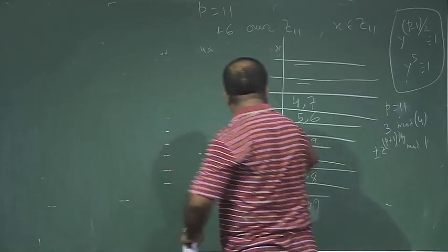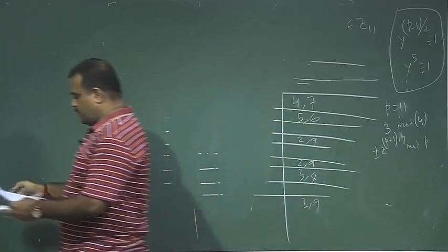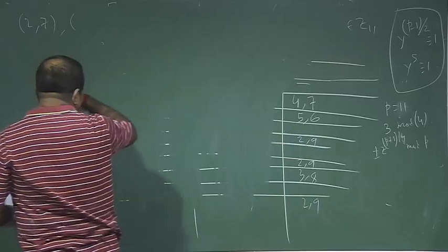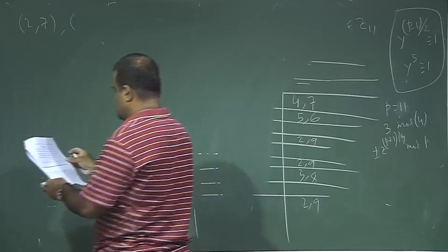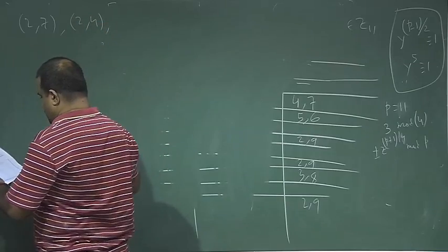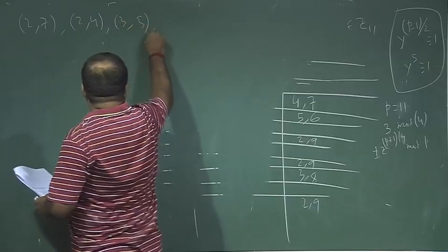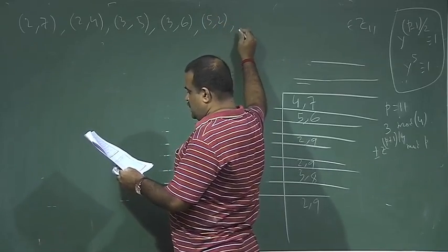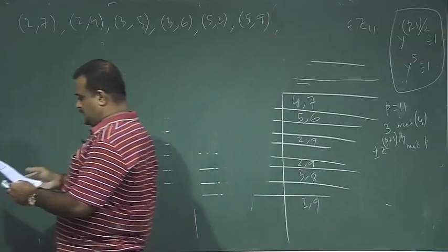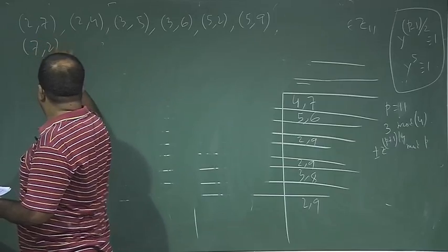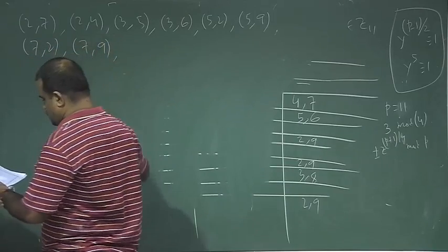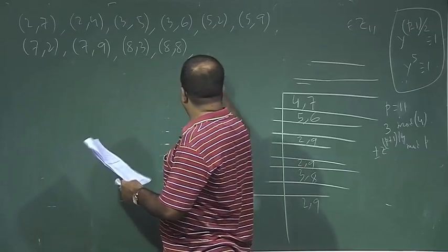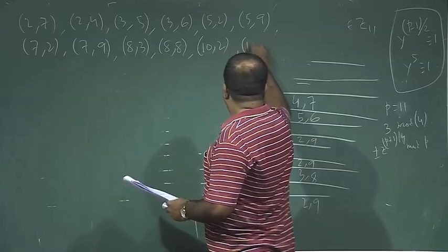The points are basically 2 comma 7 and 2 comma 4, and then we have 3 comma 5, 3 comma 6, and we have 5 comma 2, then 5 comma 9, and then we have 7 comma 2 and 7 comma 9, and we have 8 comma 3, 8 comma 8, and finally we have 10 comma 2 and 10 comma 9.